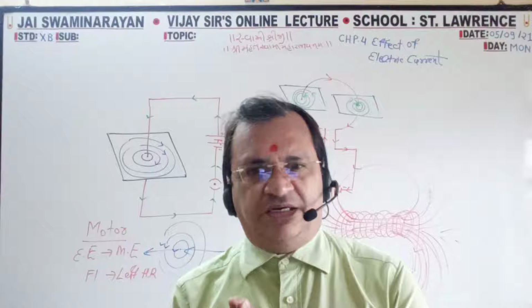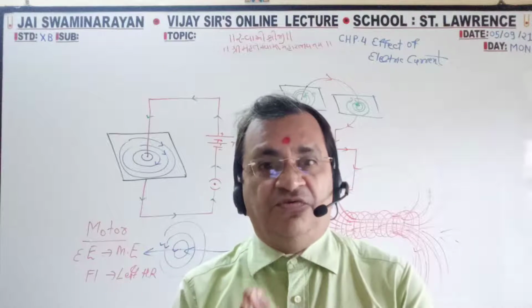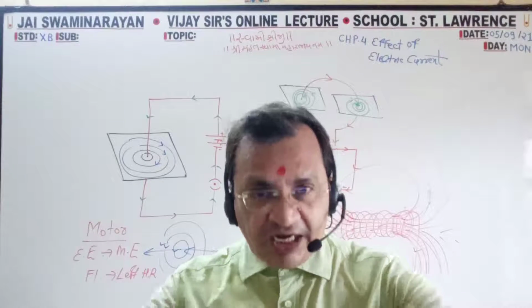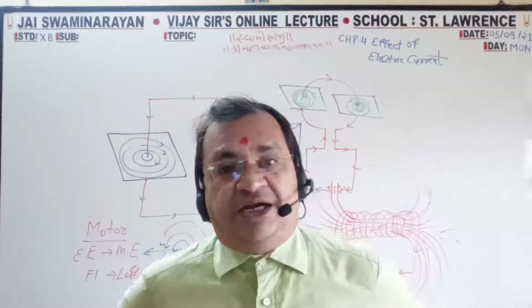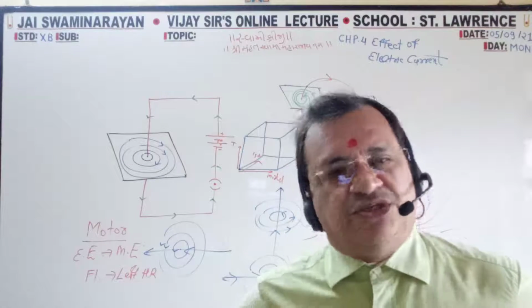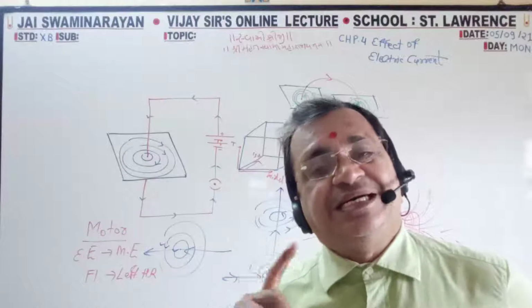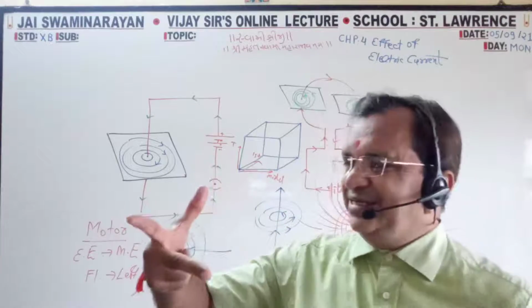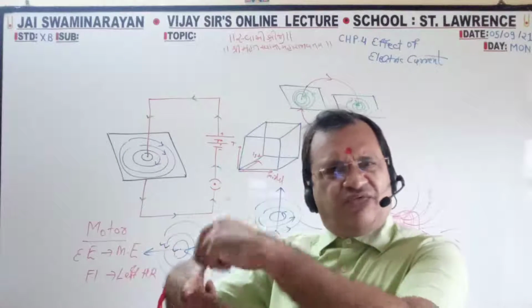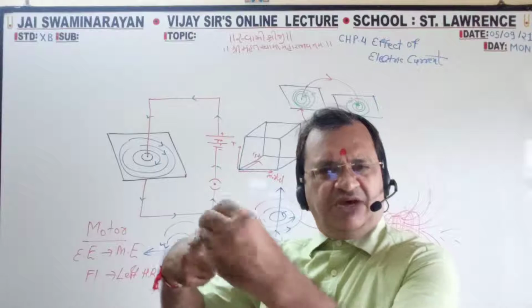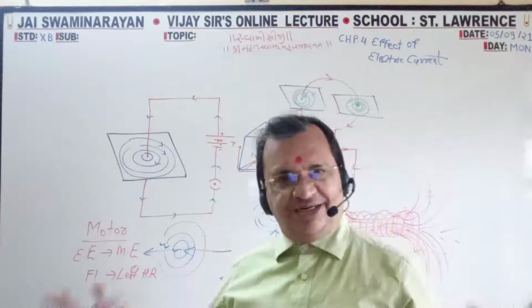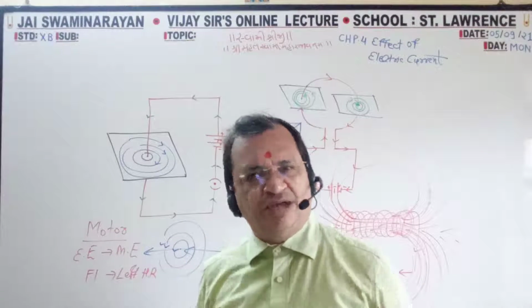In a generator we apply mechanical energy, it will give electricity, electric power, electric energy. So at that time Fleming's right hand rule, like this. Again the same: this is the force on the conductor, this is the magnetic field, this is the electric current direction.